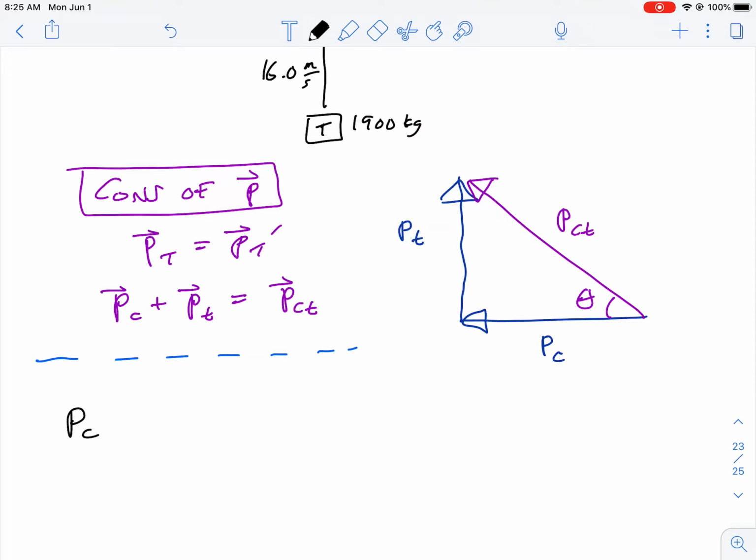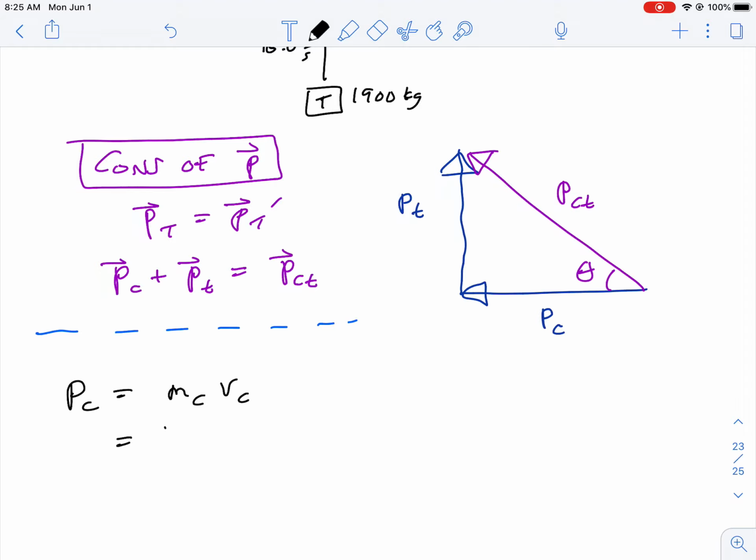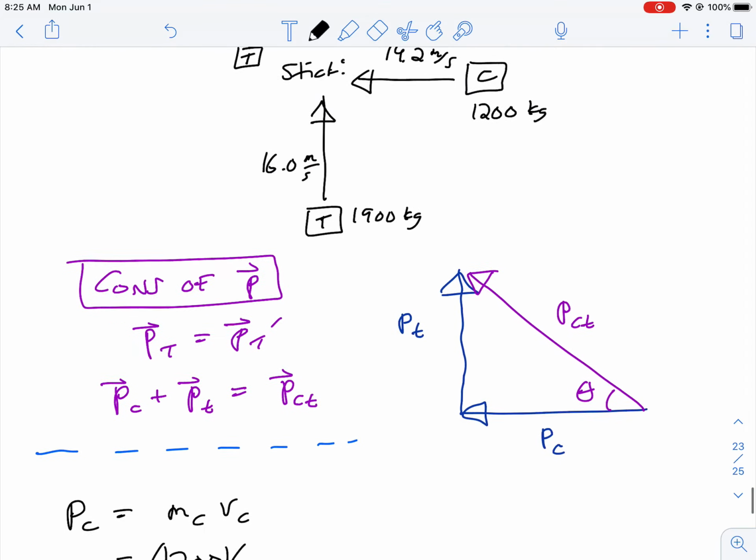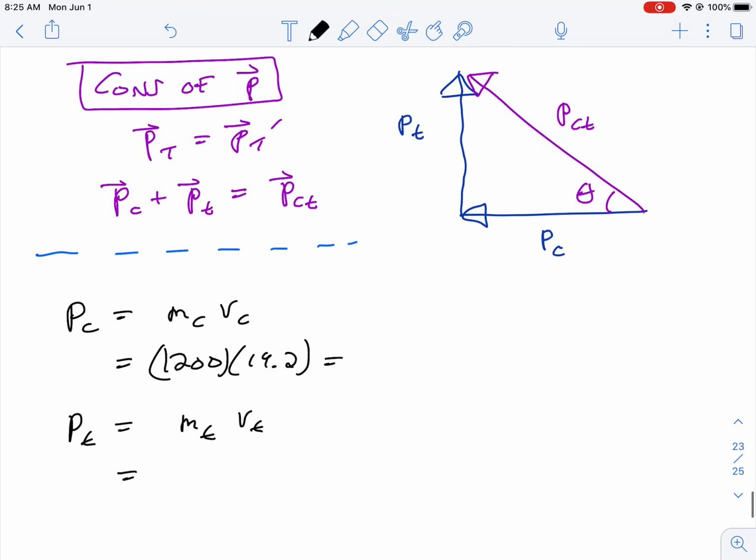We have the momentum of the car, which is mcvc, and the car's mass was 1,200 times 14.2. I'll just do the truck as well here, just to get all that tedious stuff out of the way. The truck's mass 1,900 times, I believe, 16.